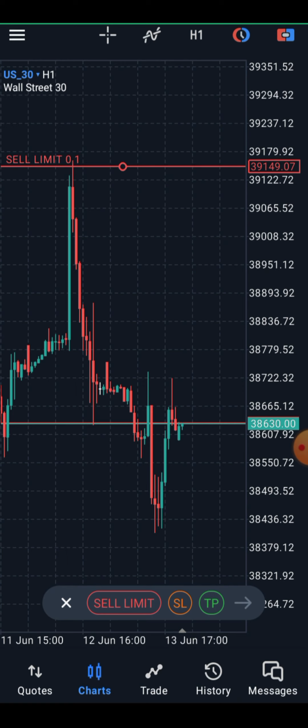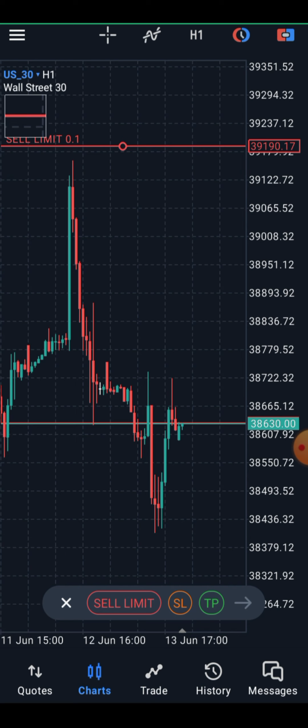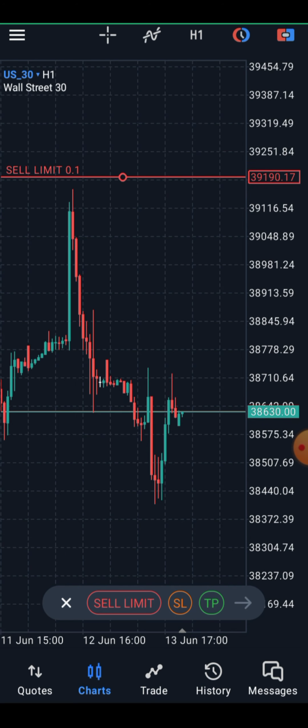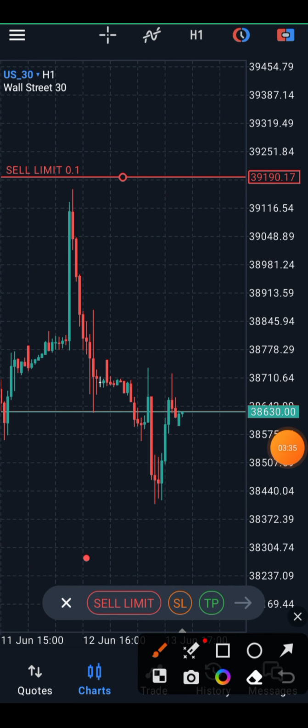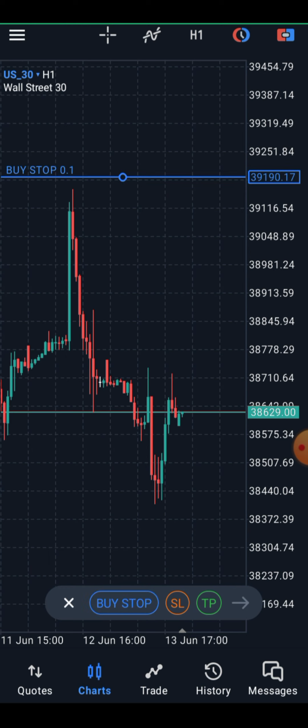So if maybe what you want to set is buy stop, you just click here. When you click here, it's going to change from sell limit to buy stop.